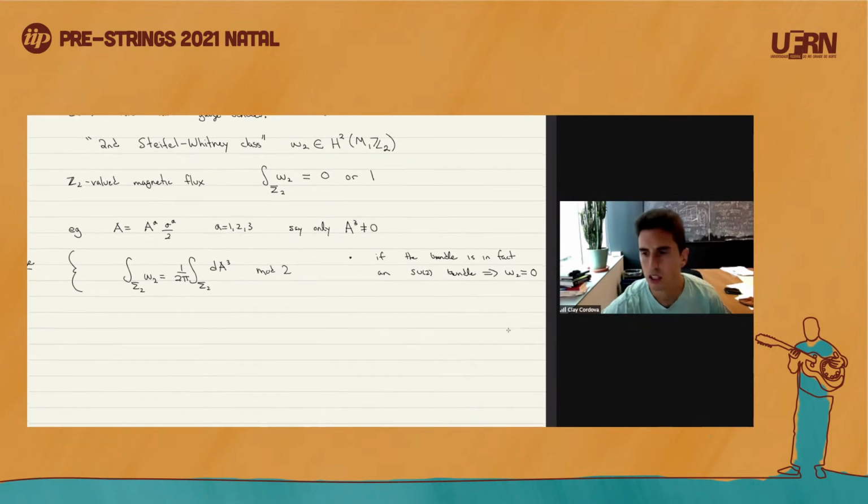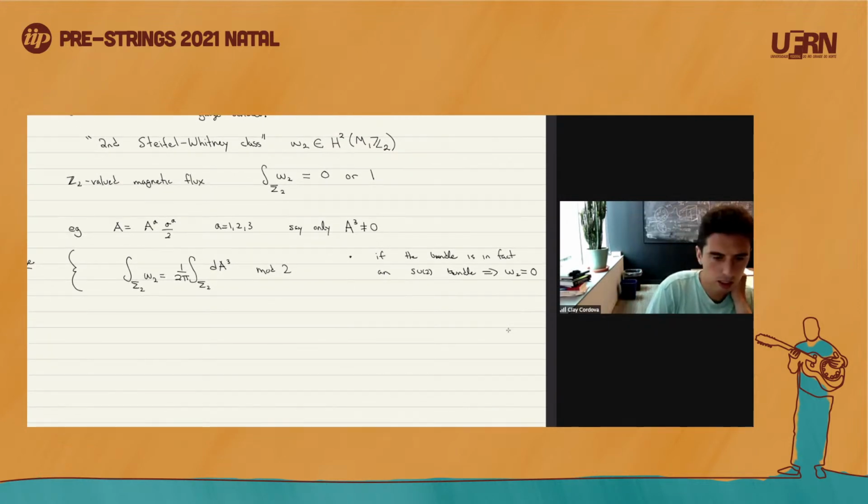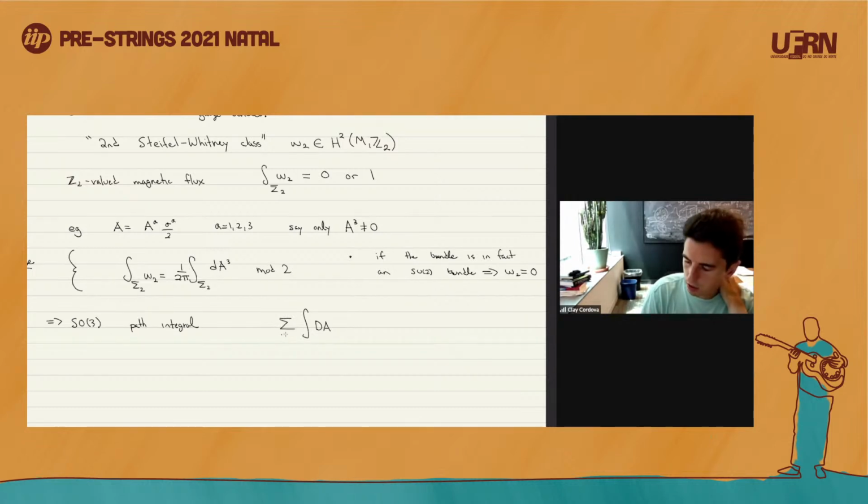And so we can put this together and look at the SO3 integral. So what would it look like? Just as in the SU2 case, we have an integral over connections. We have a sum over instanton numbers.